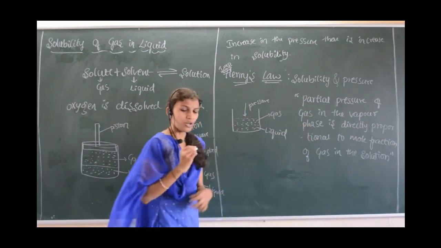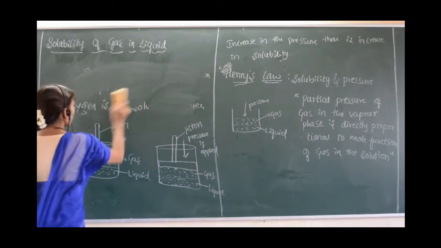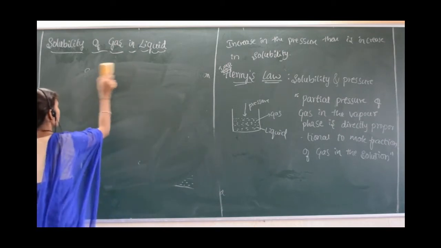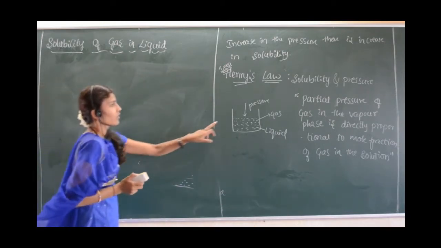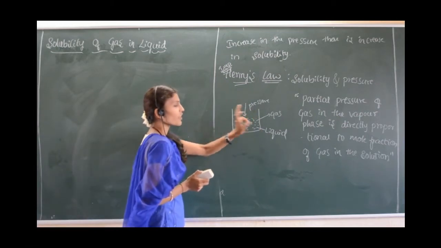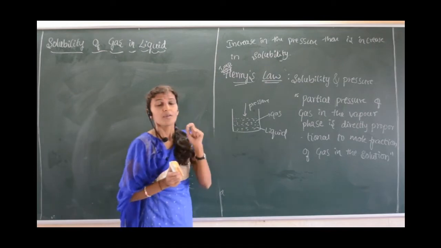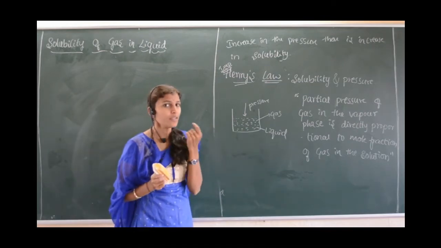I will tell you how this partial pressure acts. The pressure exerted by the gas, that is the partial pressure we are going to take. Partial pressure means the pressure exerted by the individual gas.